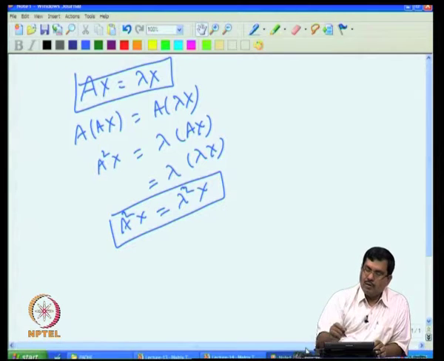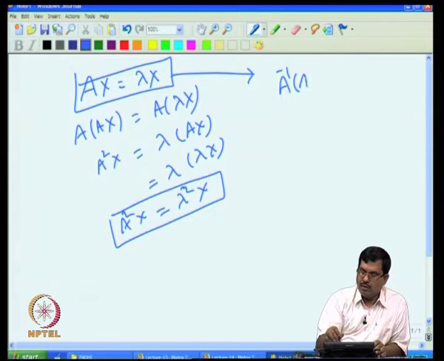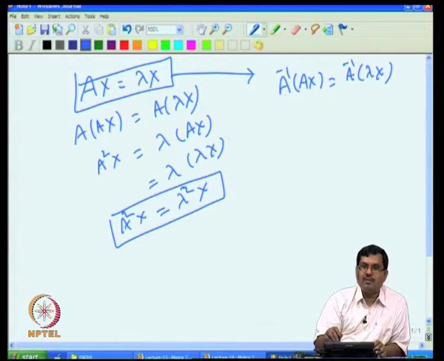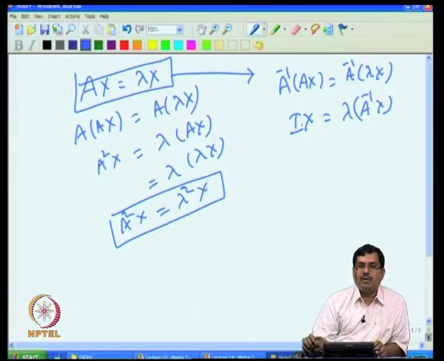That is also simple. Starting from this equation, this time I will multiply with A inverse rather. So, I get A inverse into A x is equal to A inverse lambda x. So, if I do the simplification, A inverse into A is identity. So, I times x is equal to lambda times A inverse x, and identity times x is x obviously.